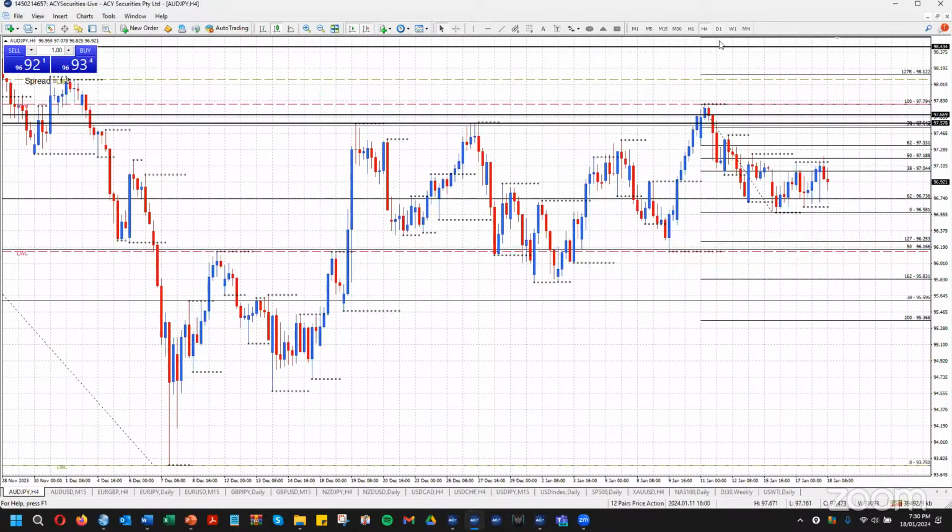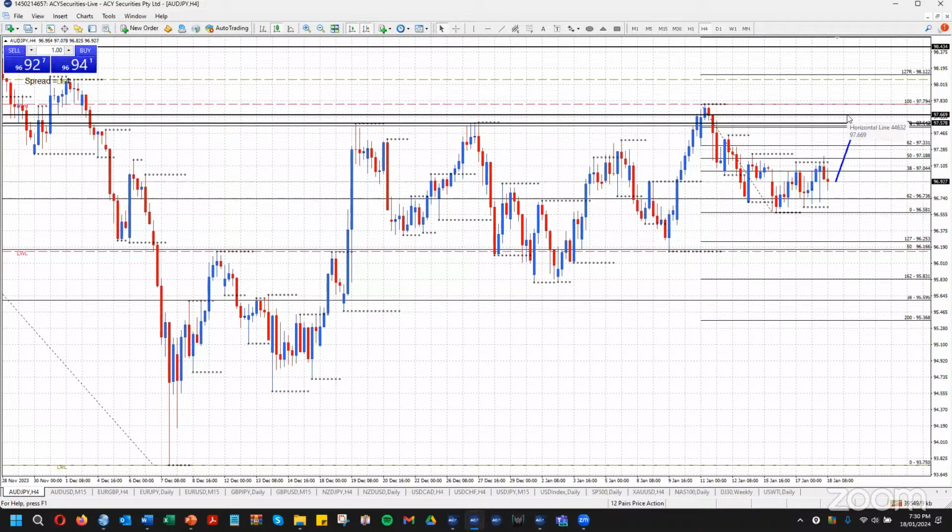So back down on the 4-hour chart, it's just holding an uptrend here at the moment in terms of its higher bottom to a higher top, but it's very slow and rangy here. If I wasn't already short from 97.55, this could most definitely come back up to 97.55 if it really wanted to.